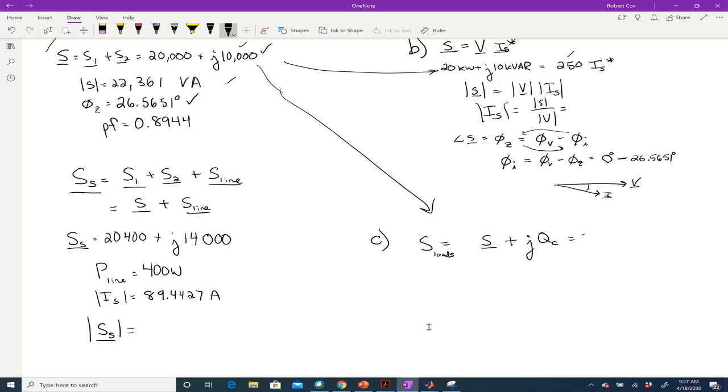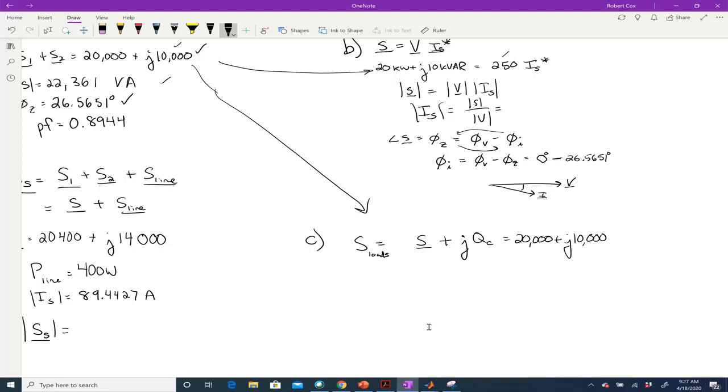So this is 20,000 plus j 10,000. All right. And then for my capacitor, I say plus j times QC, or I'll write it as negative magnitude Q sub C. Okay. So what that tells me here is that Q sub C needs to be negative 10,000.